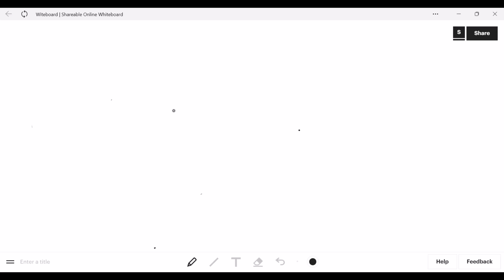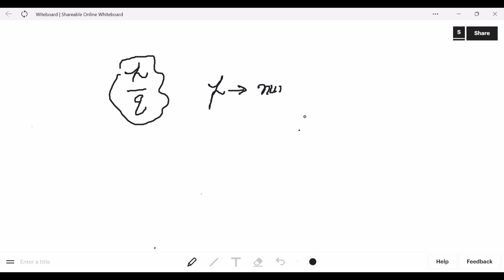So next is, see, if P by Q is a rational number, then P will be called the numerator and Q will be called the denominator.